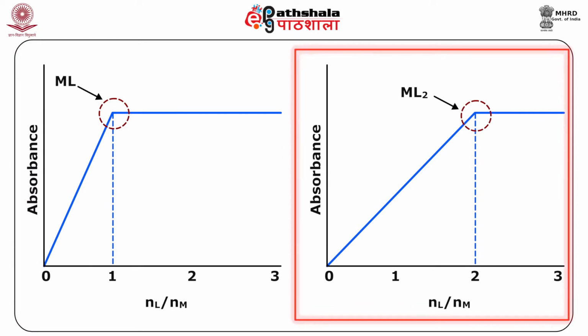In figure 1b, for a 1:2 metal-ligand ML2 type complex, in the mole ratio plot the absorbance wavelength of all three existing species, that is the metal, the ligand and the complex, is the same. In other words, these three species absorb at the same wavelength.